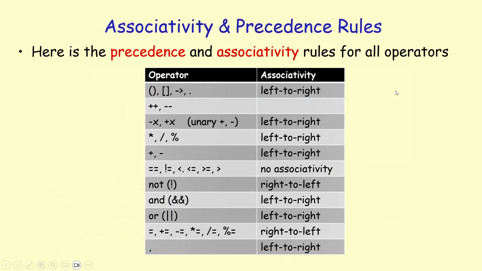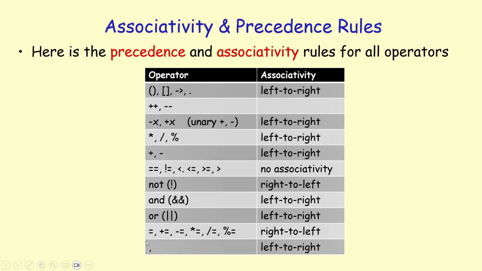We have pretty much covered all the operators in C++, and here is an extended table that's showing the precedence and associativity rules for almost all operators in C++. So at the top, you see the operators with the highest precedence, the parentheses, the square bracket, and there are 2 more operators that you would see when you look into objects, structures, and pointers.